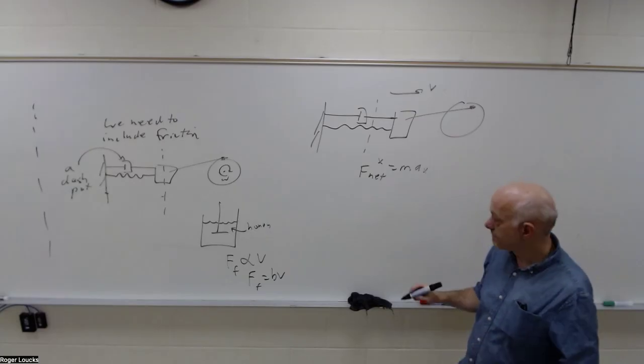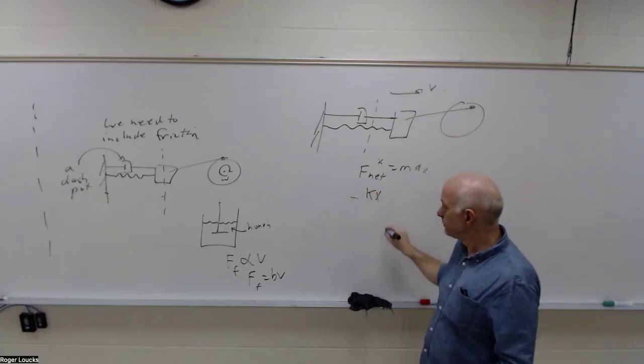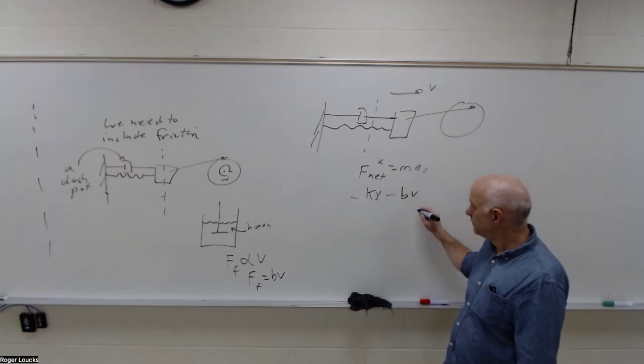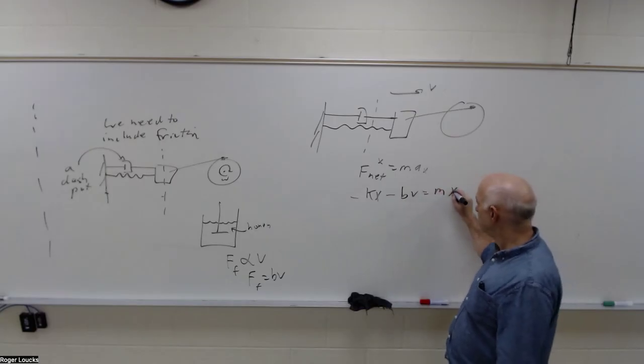The original term, minus kx plus f naught, minus bv equals m a.